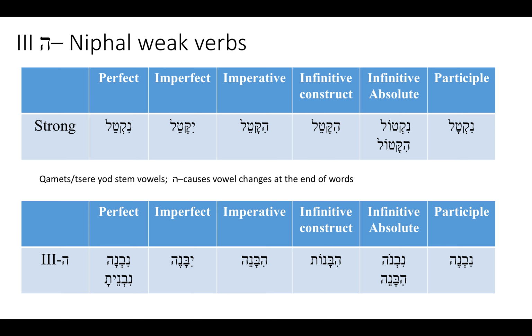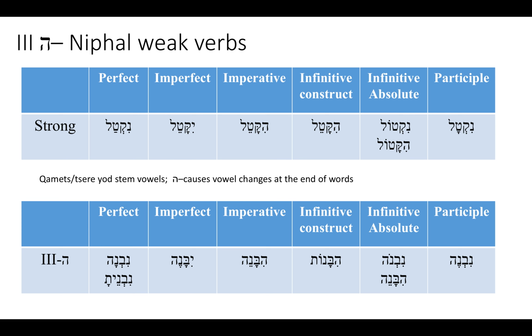If you look at the perfect form of bana in the Niphal, it becomes nivna or nivneta. So a couple of examples there. That stem vowel can change to a qamets, or it can change to a tsere yod. So the he has disappeared from the root in both of those third he verbs, and it's caused a few changes in the vowel patterns at the end, but nothing too much to be worried about.